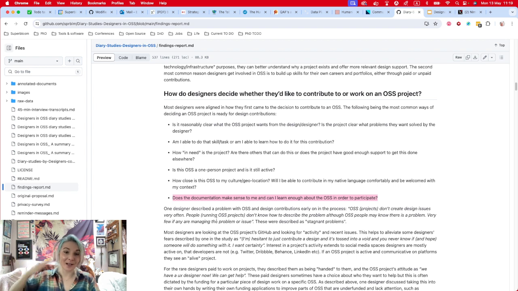You shouldn't have to be able to deploy, install and run the open source software and use it in order to make a valuable contribution.